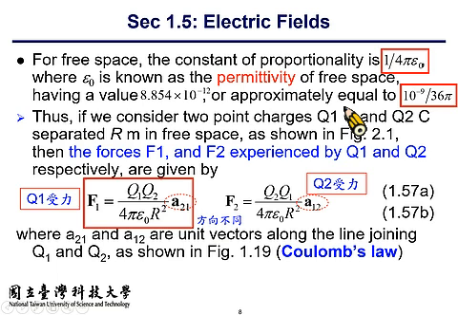Another thing is B, the magnetic flux density, equals mu times H, where H is the magnetic field intensity and mu is the permeability.